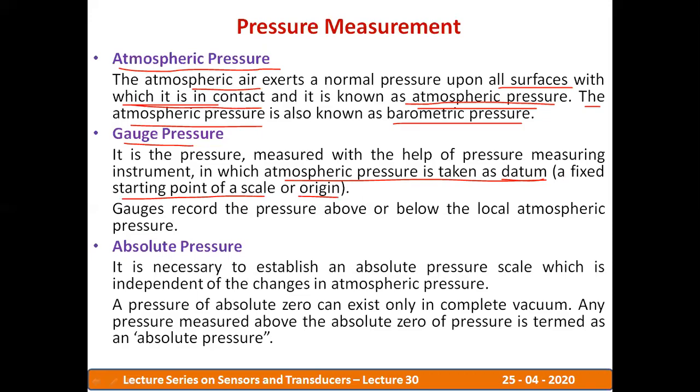In gauge pressure measurement, we consider atmospheric pressure as the base value, and we measure gauge pressures above and below the atmospheric value. So the next sentence: gauges record the pressure above or below the local atmospheric pressure.